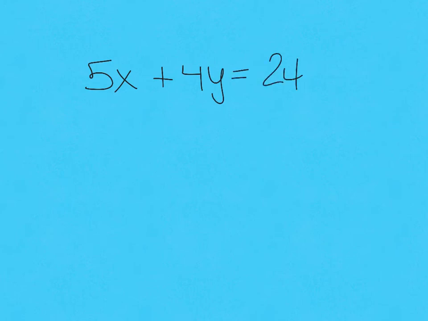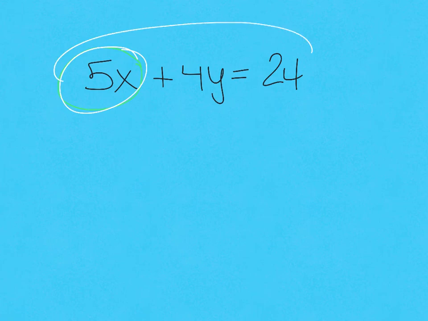All right, 5x plus 4y equals 24. So step 1 is we're going to take this and move it to the other side, and put it in front.